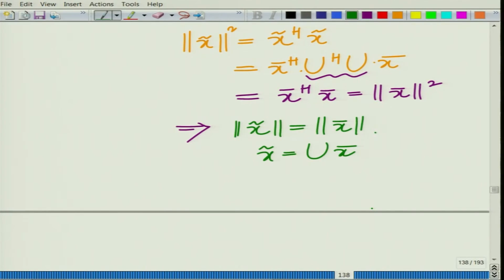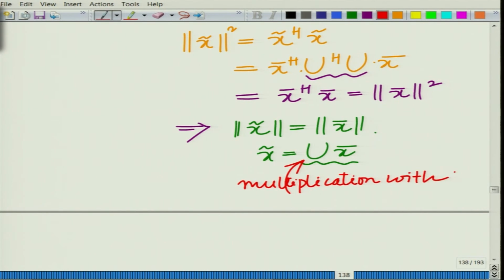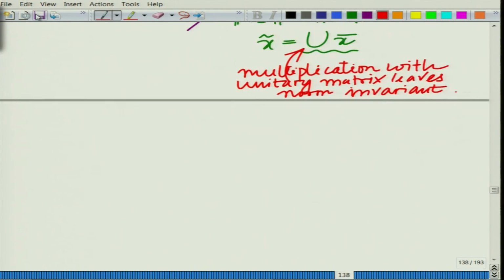So, multiplication by a unitary matrix leaves the norm invariant.